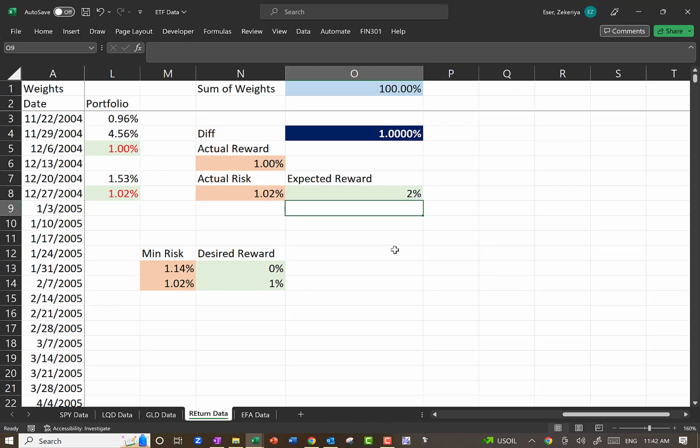So let's do 2. Oh, let's think about one thing. Let's call this portfolio A, portfolio B. If you look at portfolio A, just based on information here, can you say whether it is efficient or whether it's inefficient or not?